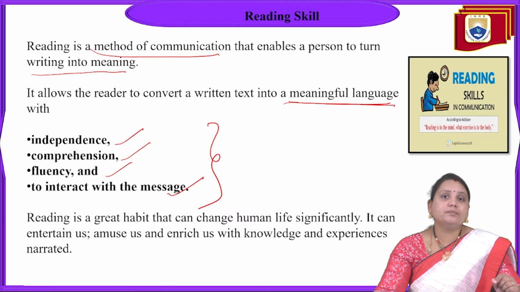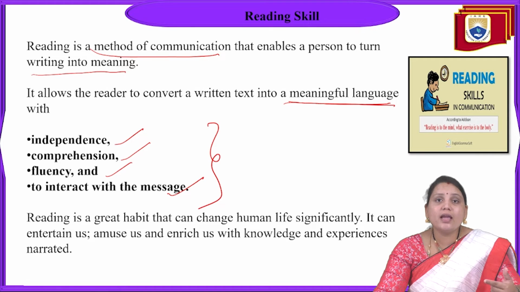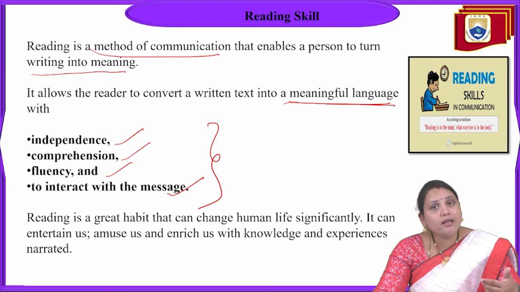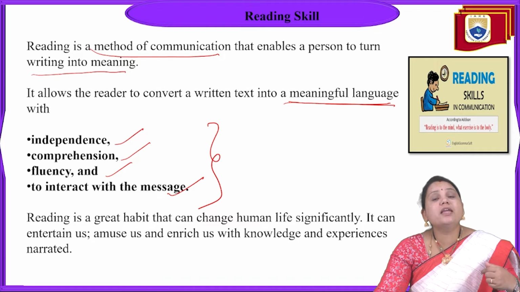Next, fluency. Fluency develops gradually with the grip over the sentences and the language. Once you are good at reading, once you are good at comprehending, fluency will automatically find its way in the process of mending your communication, in the process of mending your reading skill.